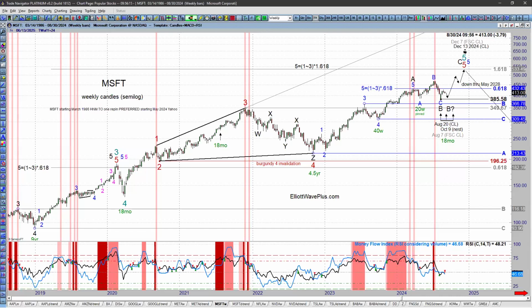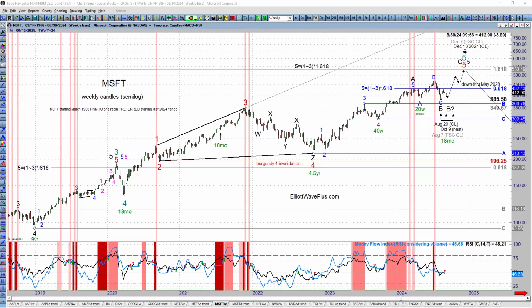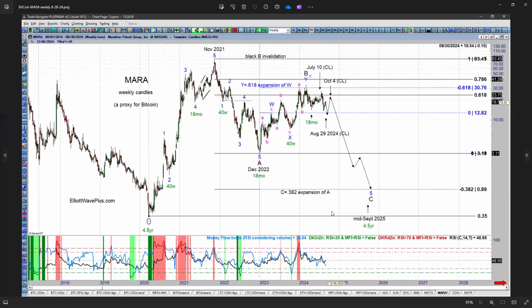I've been asked for a chart on Mara. Mara is a large Bitcoin mining company. And notice that Mara is projected to stay up only into early October, according to Hurst, and then be very bearish.